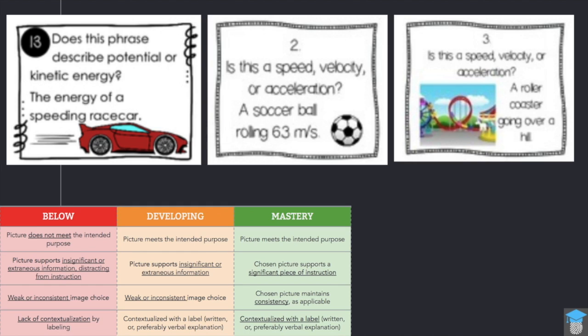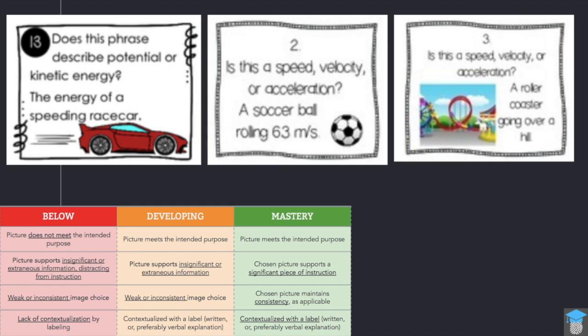If they do that for the whole set of task cards, it will remind students of the learning goal and continually support vocabulary acquisition. Number 3, similarly, having those consistent pictures for the whole set of task cards will be helpful. However, this roller coaster picture is better than the soccer ball because it's a better representation of the action.